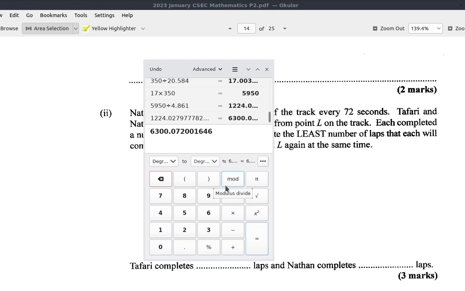So that would have been Tafari's distance. He covers a longer distance because he's running faster, right? Now, how many 350 are there in this? Let's see. It would have been 18.